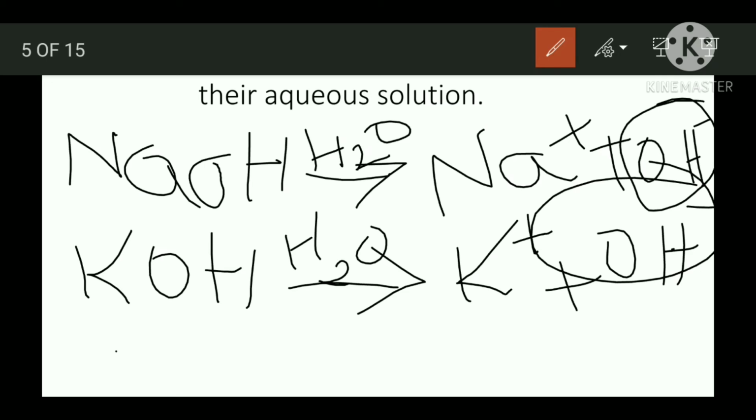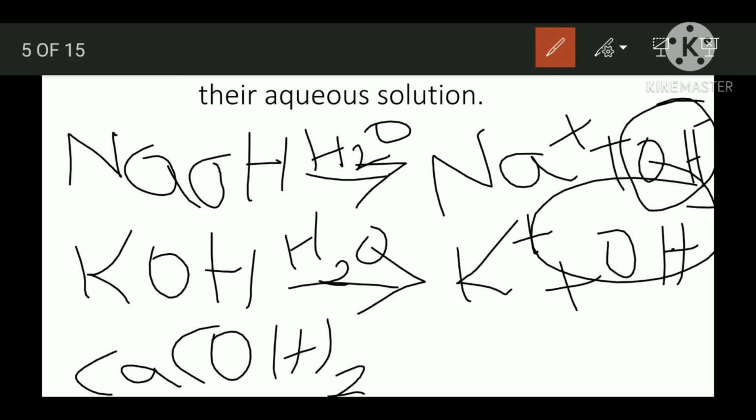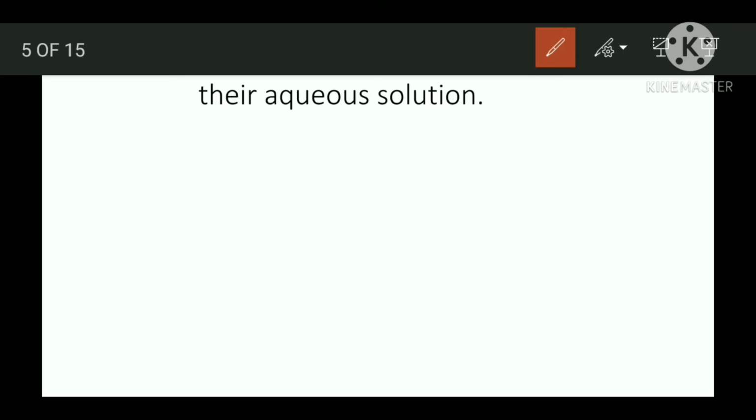And Ca(OH)2, OH taken twice. Take it and dissolve it in water.